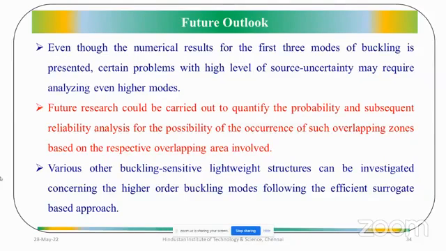Future research could be carried out to quantify the probability and subsequent reliability analysis for the possibility of the occurrence of such overlapping zones based on the respective overlapping area involved. Various other buckling sensitive lightweight structures can be investigated concerning the higher order buckling modes following the efficient surrogate based approach.